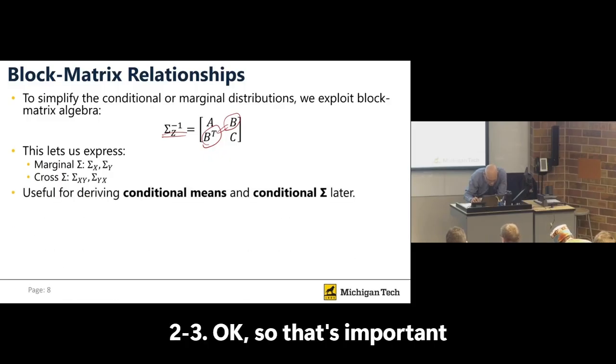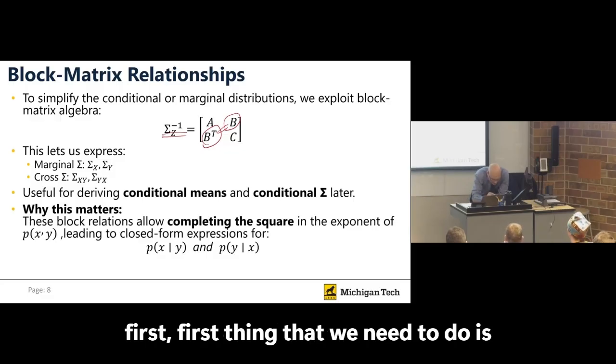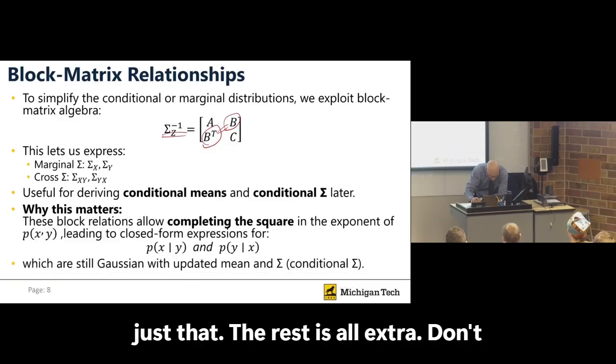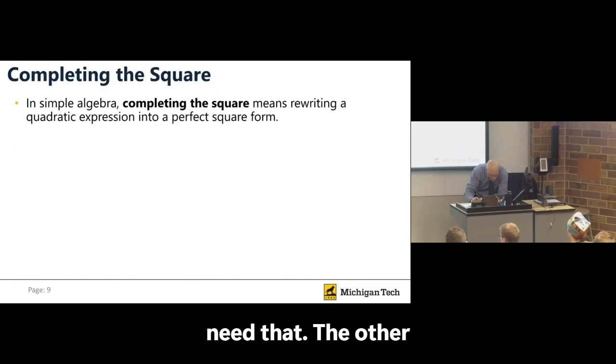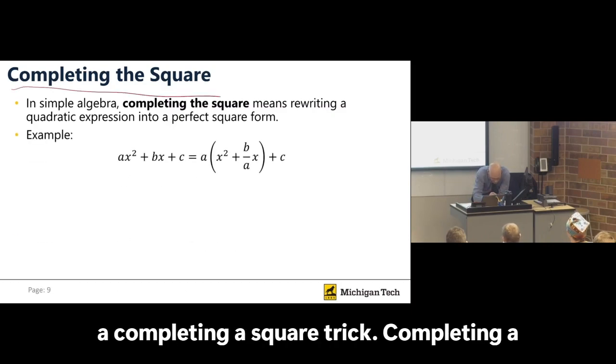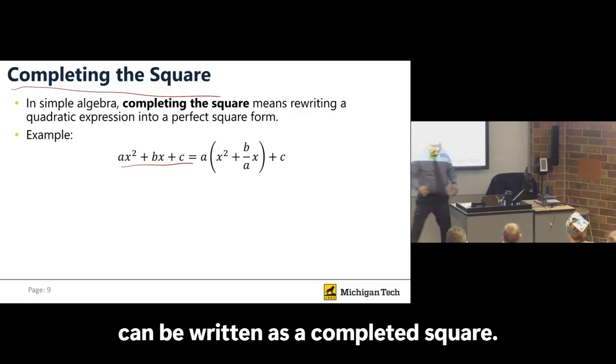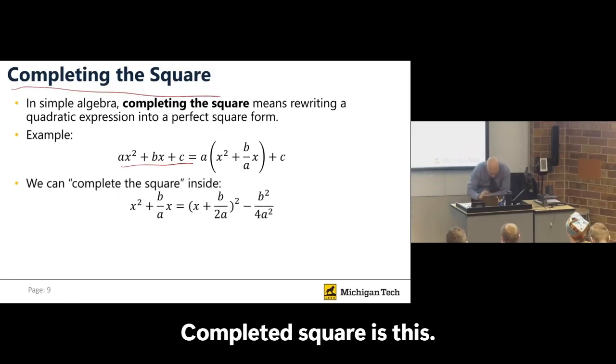So that's important. The first thing that we need to do is just that. The rest is all extra. The other thing that you need to know is the completing the square trick. Completing the square shows how a formula like that can be written as a complete square. Complete square is this.